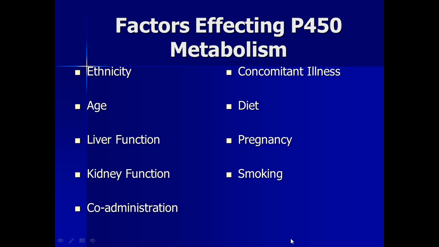So if you are working with a client that is Ethiopian and you give them a medication, let's say they're 2D6 drugs, they could get rid of the medication so fast that it's not even working. Asians tend to be very poor, and some African Americans can be poor metabolizers of 2D6. Some Hispanic groups may require lower doses of antidepressants and antipsychotic medications and may be prone to increased side effects at normal doses of these medications. Hispanic groups may metabolize drugs regulated by 2D6 faster than Caucasians.